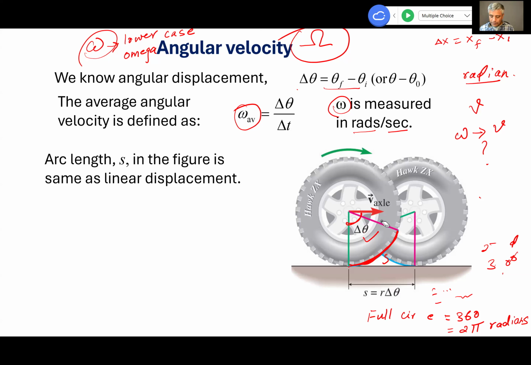So what happens is this angular displacement and this linear distance it travels, they are directly related through the radian. So delta theta is actually s over r, okay? And the definition of radian also comes from there when s and r are equal.